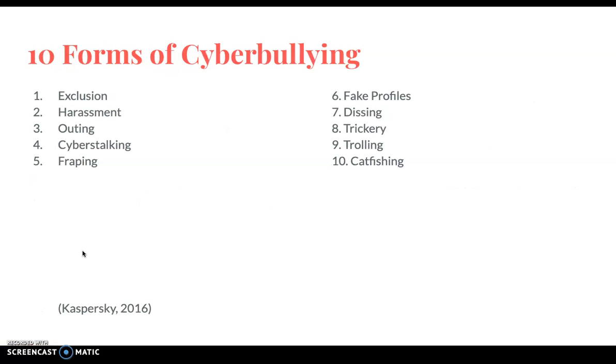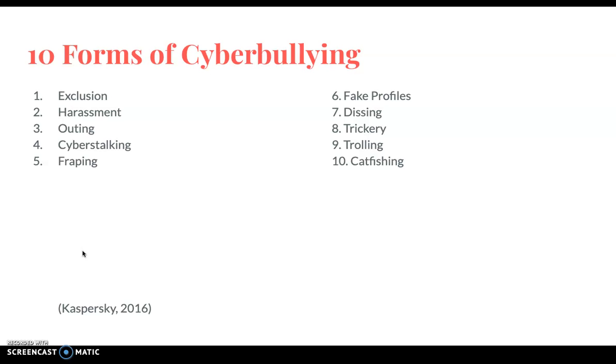So there are 10 forms of cyberbullying, which may come as a surprise because when we think about cyberbullying, we just think cyberbullying. But there are actually 10 forms, and one of them is exclusion. That's when a student or a group of students will purposely exclude another student from their group or social media.